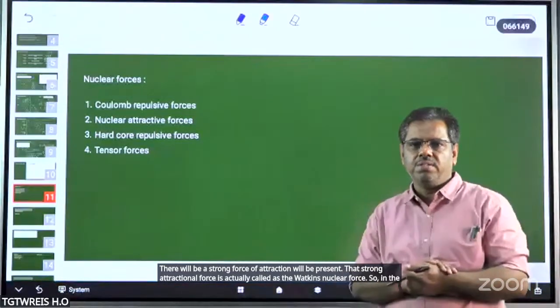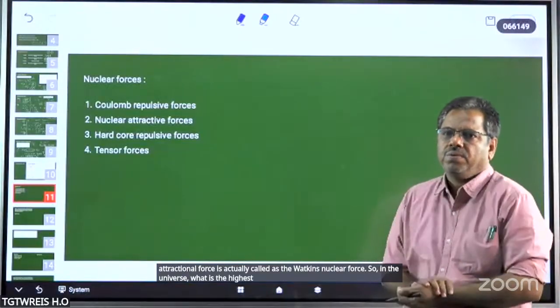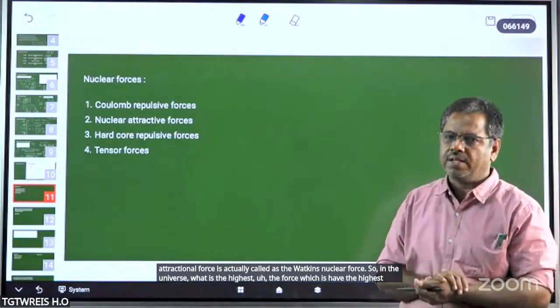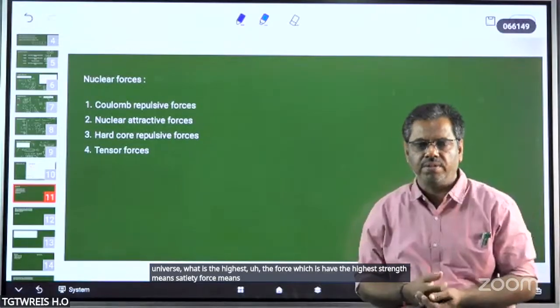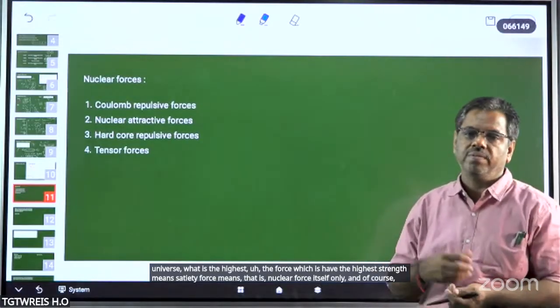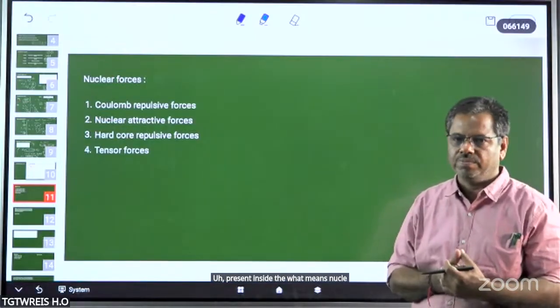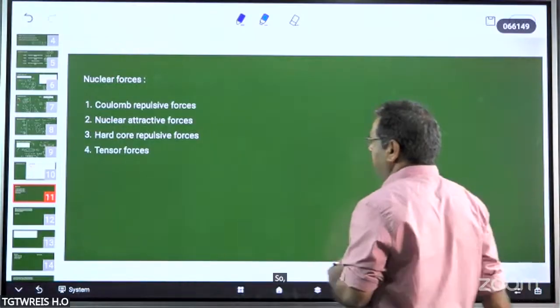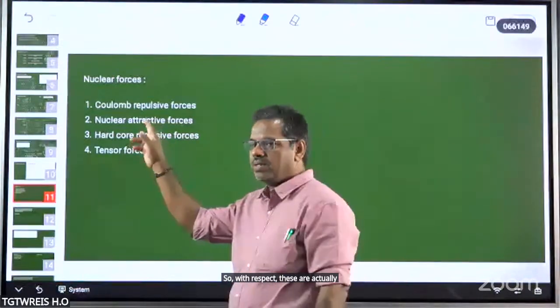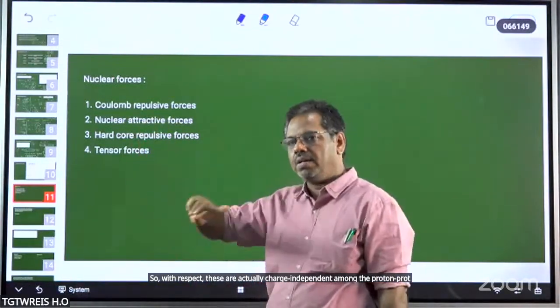In the universe, the attractive force with the highest strength is the nuclear force itself, and this force is present only inside the nucleus of the atom. These forces are charge independent.